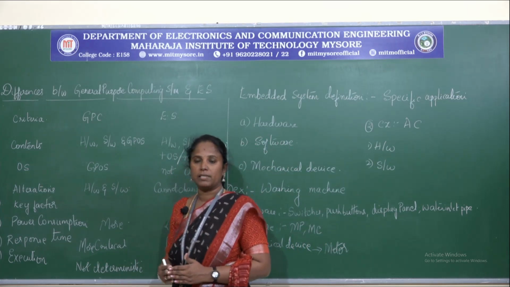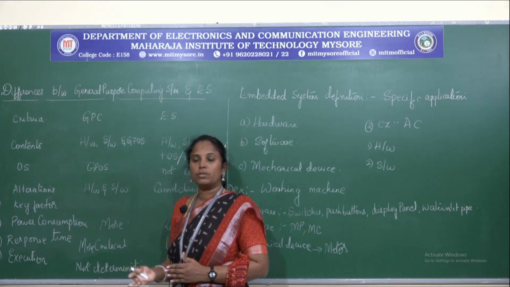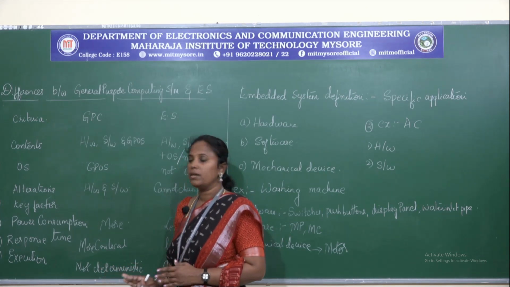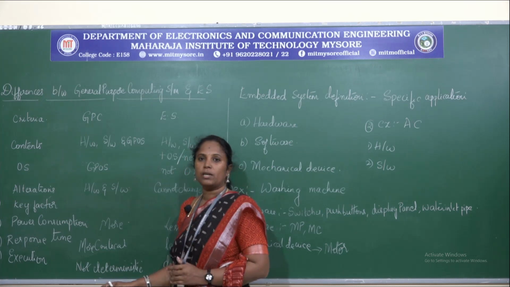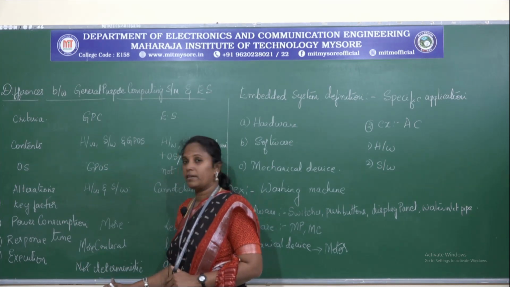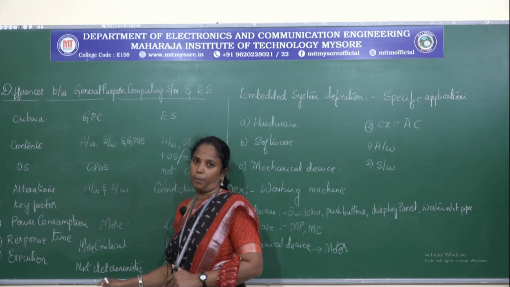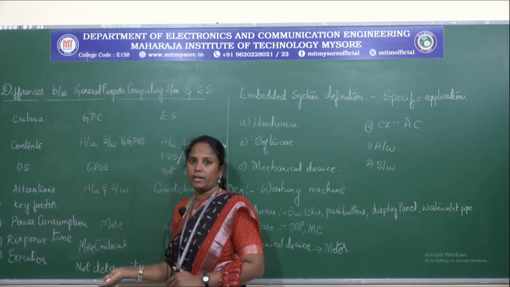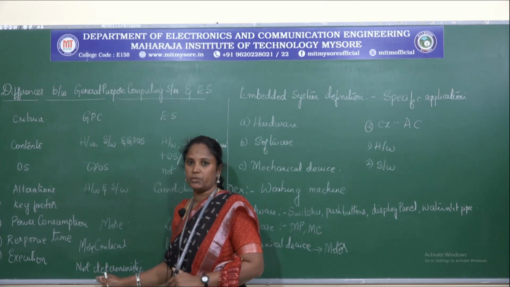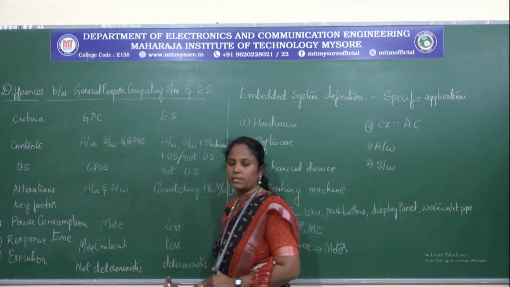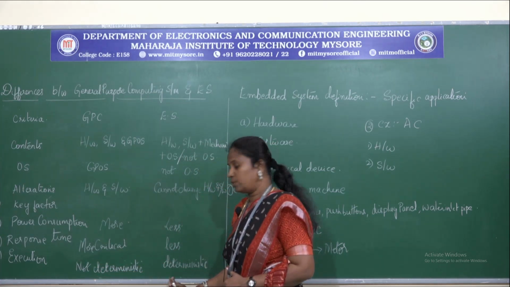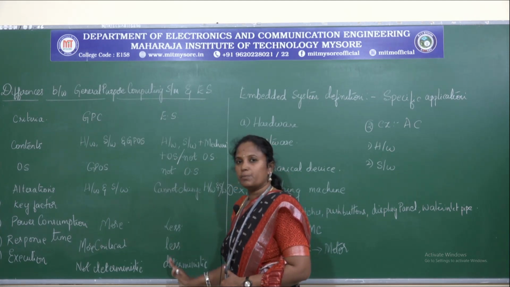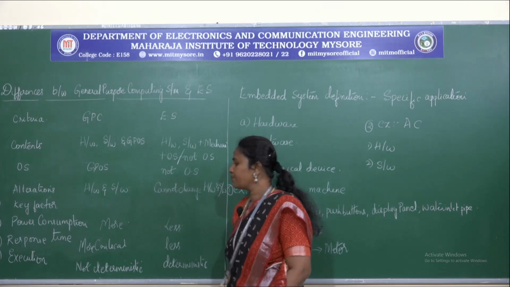There are chances that it might not show you the correct result within the allotted time interval, or that it is not determined with respect to its operation. That means your system might fail in between, but in an embedded system it is not so, it is going to perform its operation within the specified time interval.